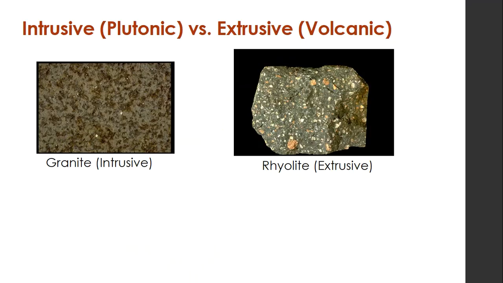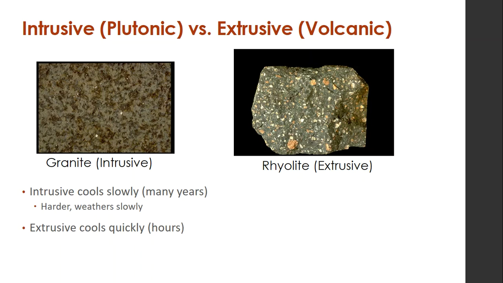The big difference when we're talking about igneous rock between intrusive and extrusive is that intrusive cools very, very slowly, often over many years, and that makes it very hard, and it will weather away very slowly once it's above the surface. Extrusive rock cools very quickly, within hours, and that makes it softer and weather more quickly. So you have 2 types of rock here, granite and rhyolite.